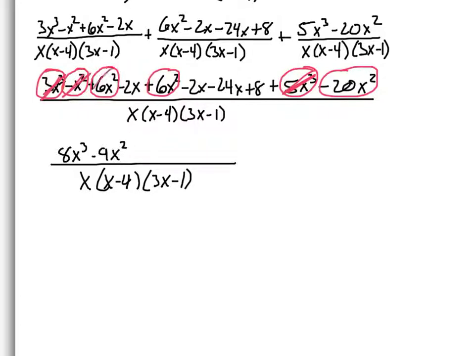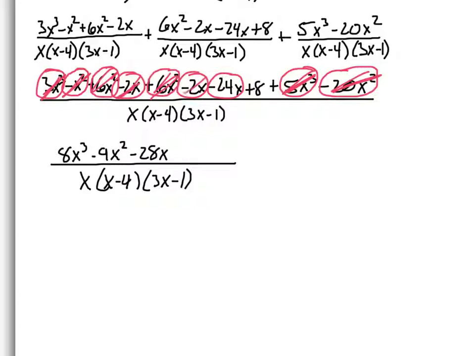Now all those cancel out. Next we have x's. So negative 2x, negative 2x, negative 24x. So that's negative 4x, and negative 24 gives us a negative 28x.